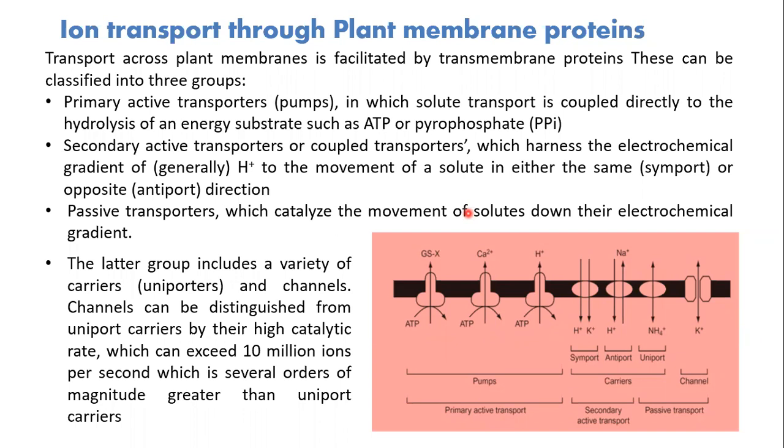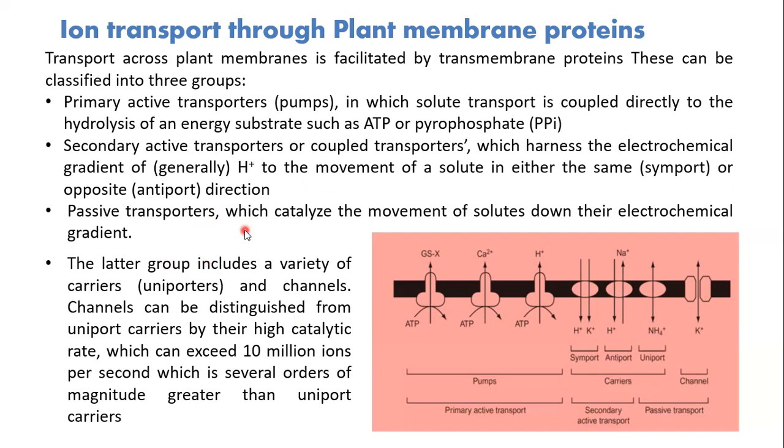There are also passive transporters which catalyze the movement of solute down their electrochemical gradients, from higher concentration to lower concentration. In these cases, again, there may be a natural gradient, mostly at the start of the uptake process.